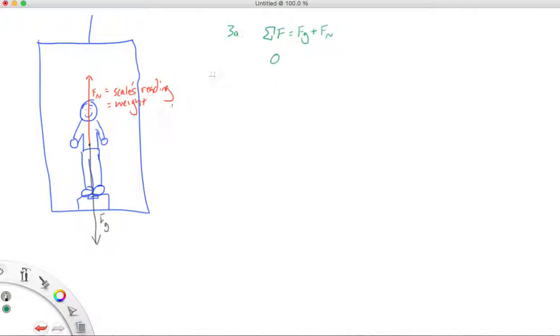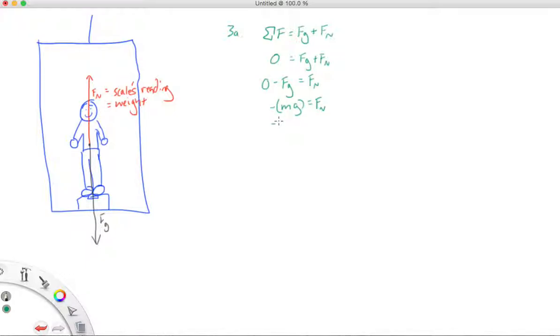And we want to know what his weight is, so we'll solve this problem for Fn. So this will equal Fg plus Fn. If we want to solve for Fn, all we do is take 0 minus Fg, and that will equal our Fn. In this case, our Fg is the gravity here. This will equal minus m times g. That's acceleration due to gravity.